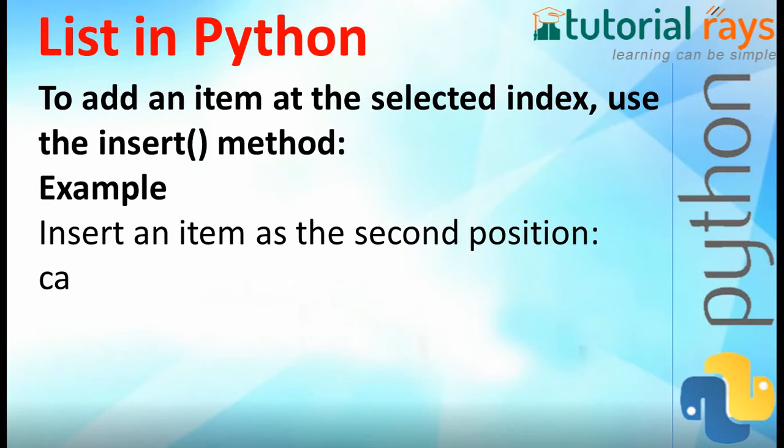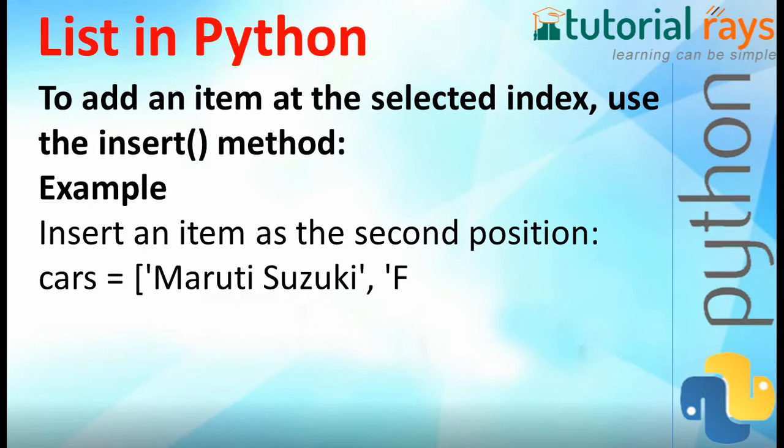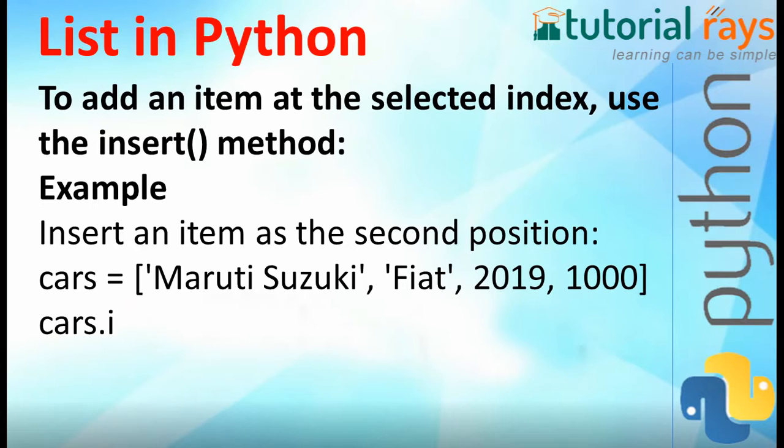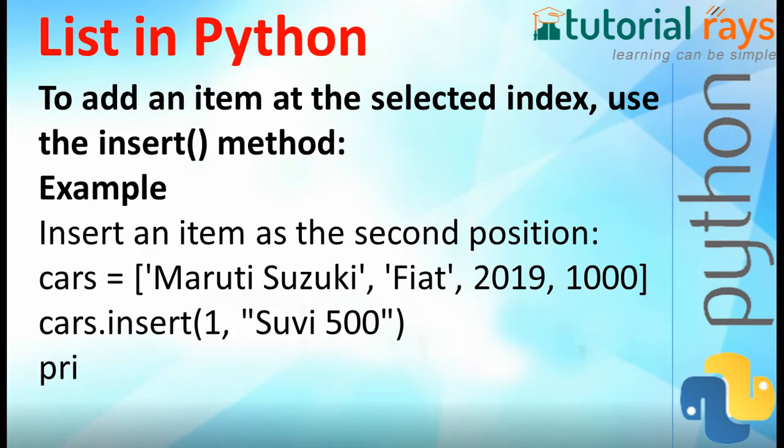If you want to add an item at the selected index, use the insert method. In the previous section, you just saw that it is possible to append a new element in the list, but the problem is that it was adding at the last of the list. But if you want to add at a selected index, in that case the insert method is very useful.